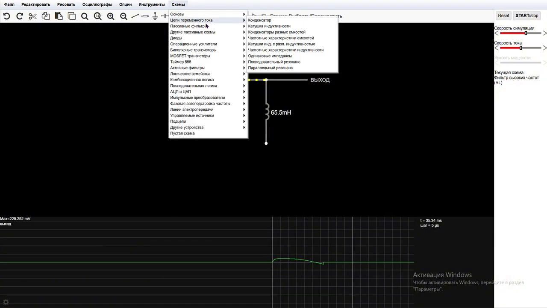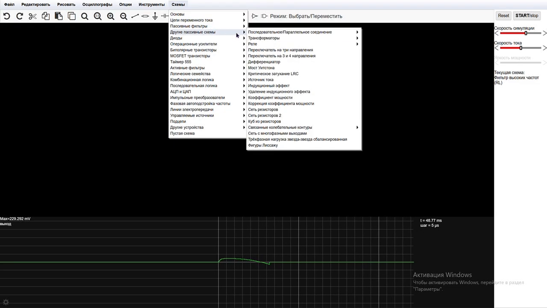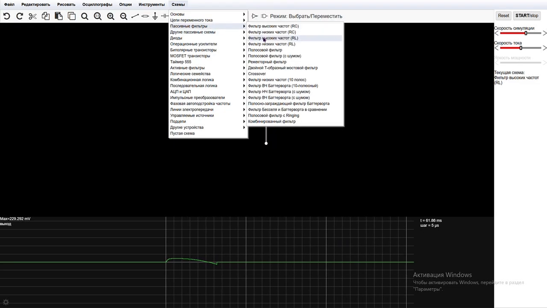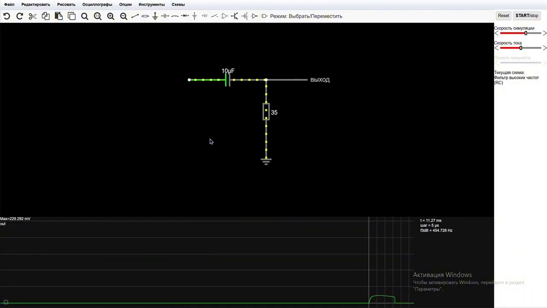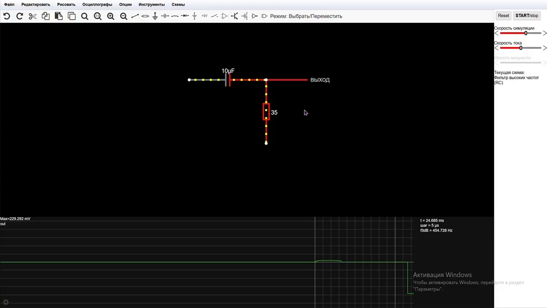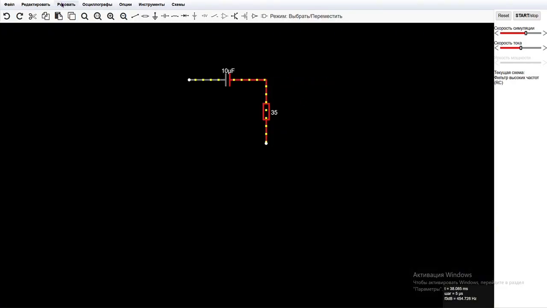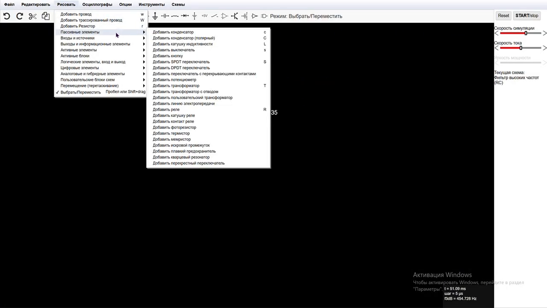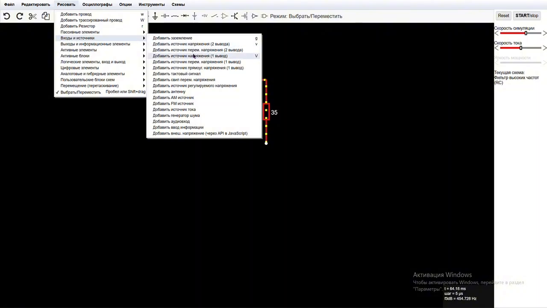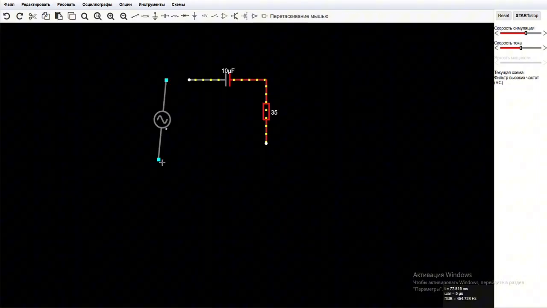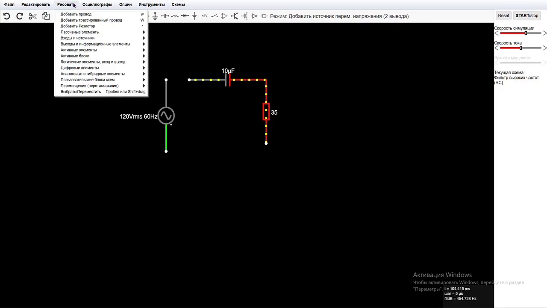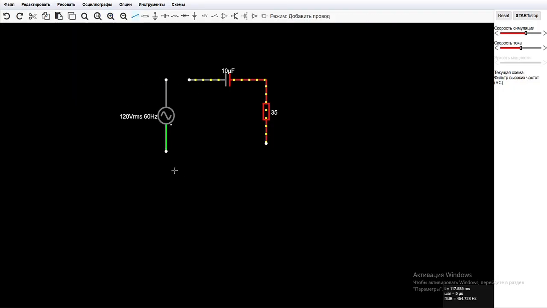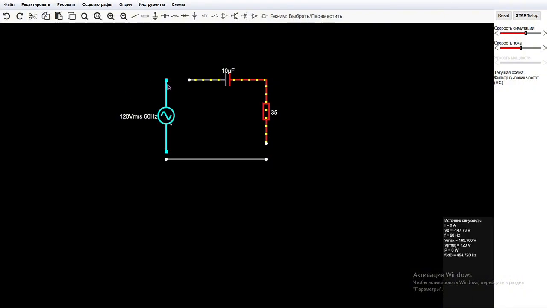Oh, I chose the wrong one. So let me delete this one, and now I need to add a voltage source with 2 inputs, and that's it. Now I need to add a wire. So now let me build the circuit.